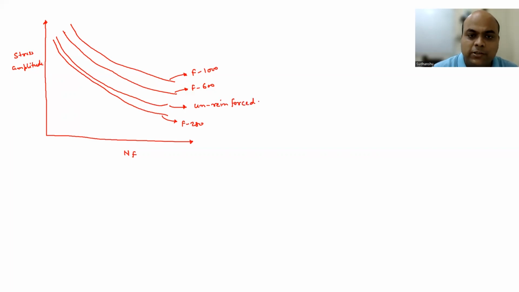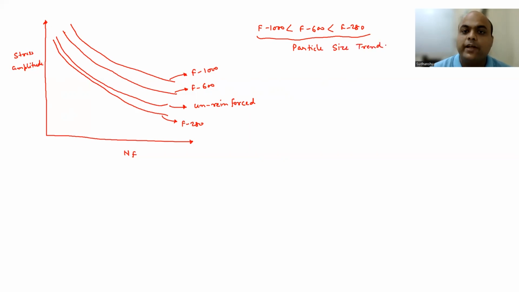Okay, you're going to observe the same phenomena we discussed in monotonic loading. So here the size of the particle, if you see, F1000 is the lowest, then F600, and then F280. So this is the particle size trend. The lowest is for F1000 and the highest is for F280, right?